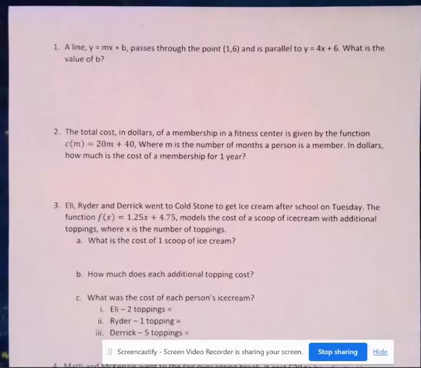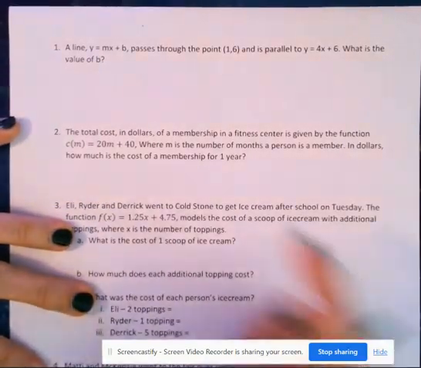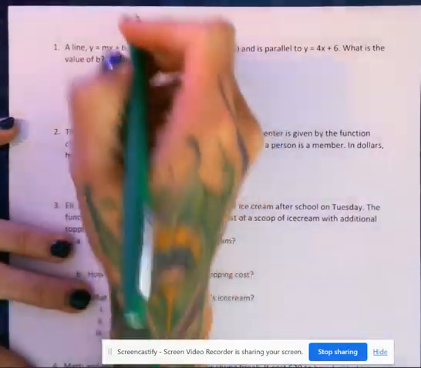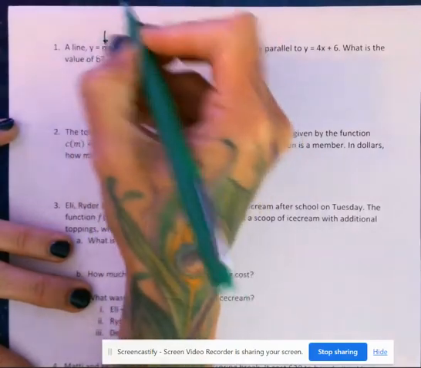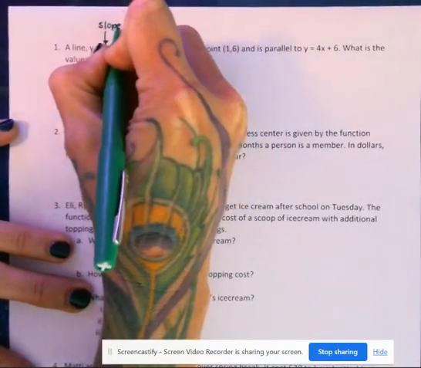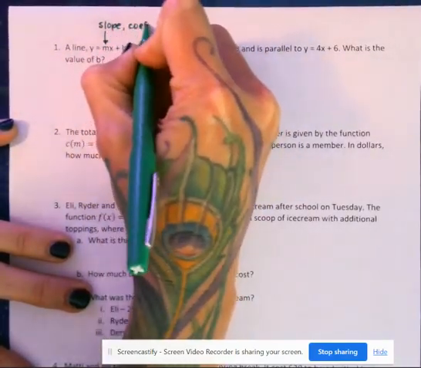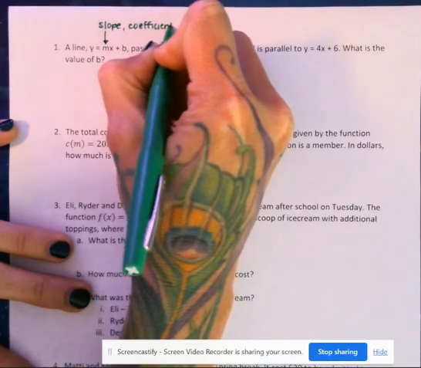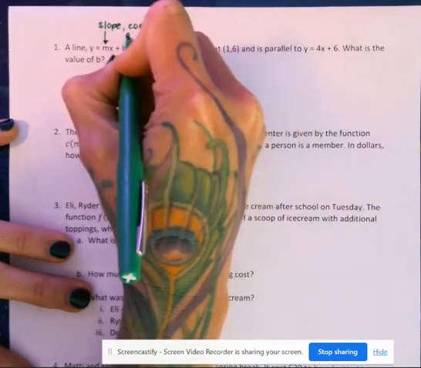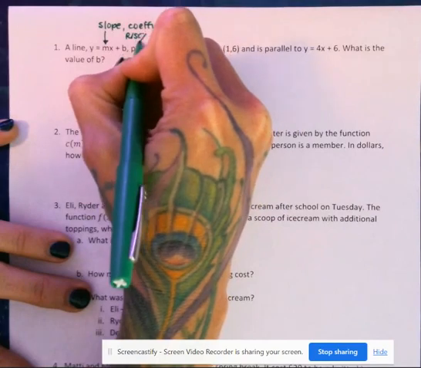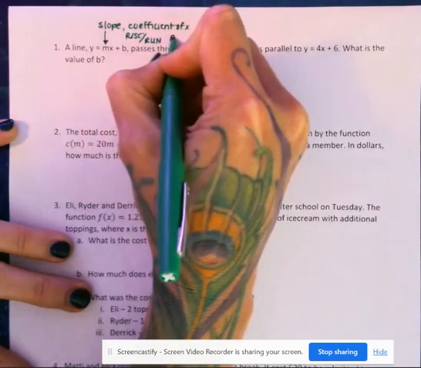More linear equations and writing linear equations from word problems, and good fun things. So a line, y equals mx plus b. Remember, we have to have our m, which is our slope, also known as our coefficient of x, rise over run, and rate of change.